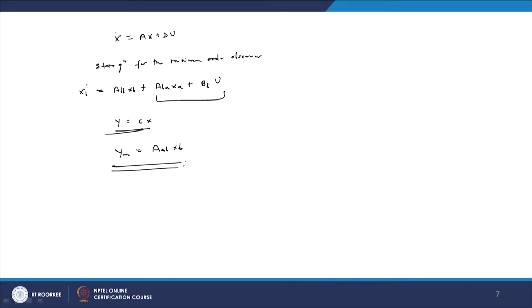In the last part we have derived the output equation of the full order observer.